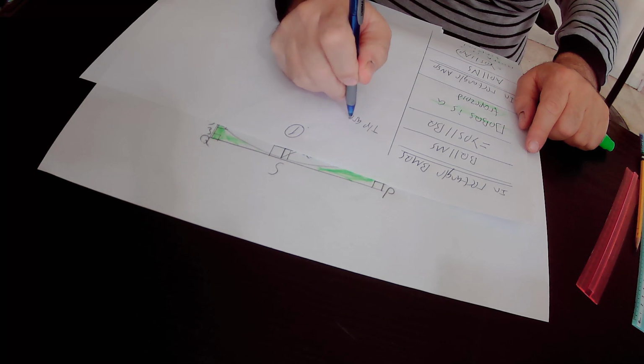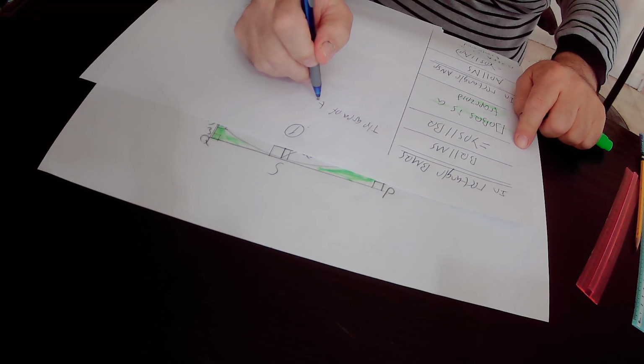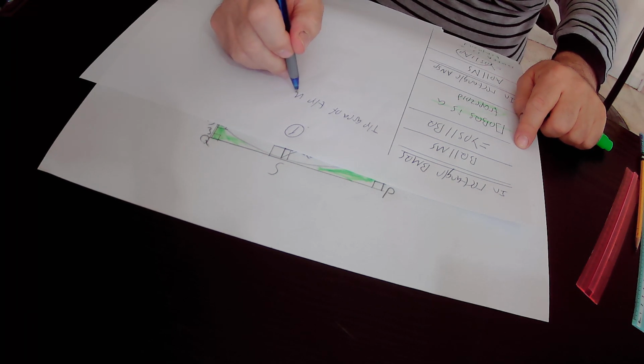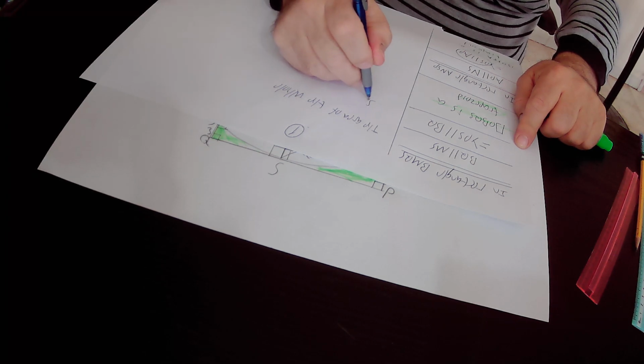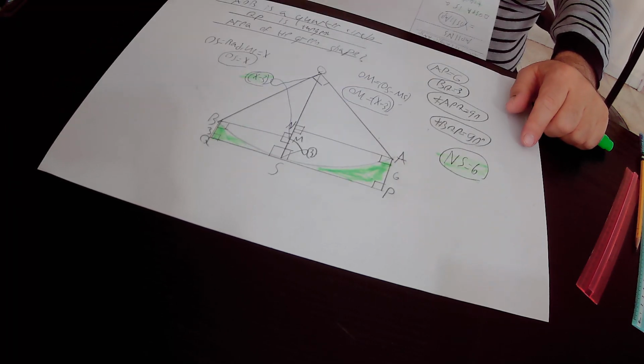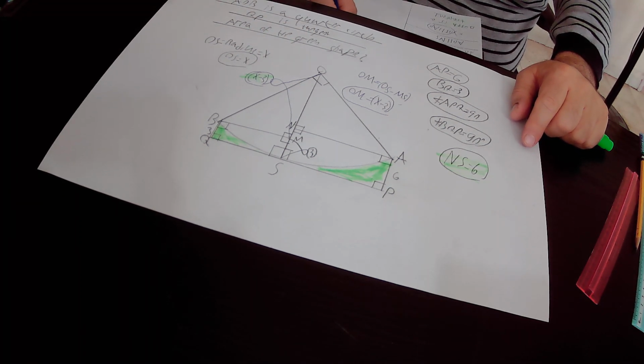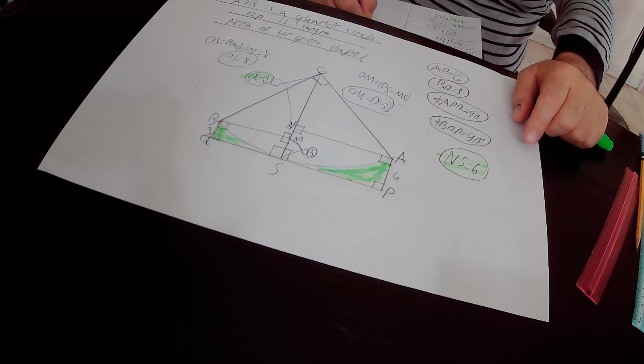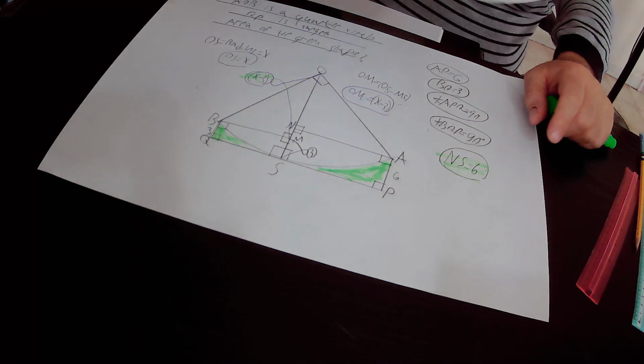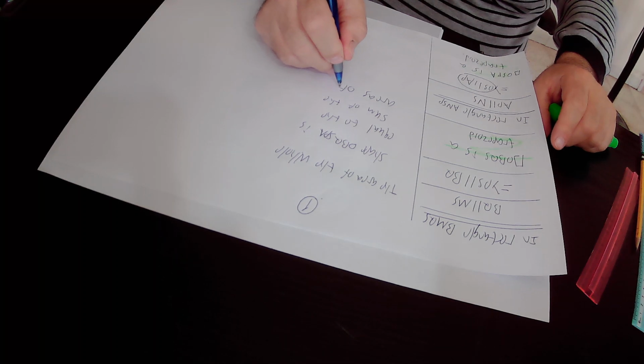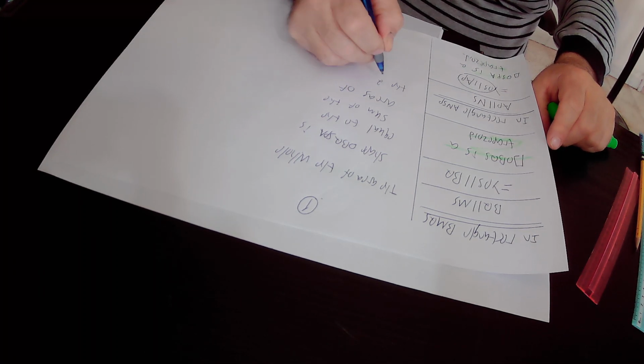The area of the whole shape OBQSPA is equal to the sum of the areas of the two trapezoids.